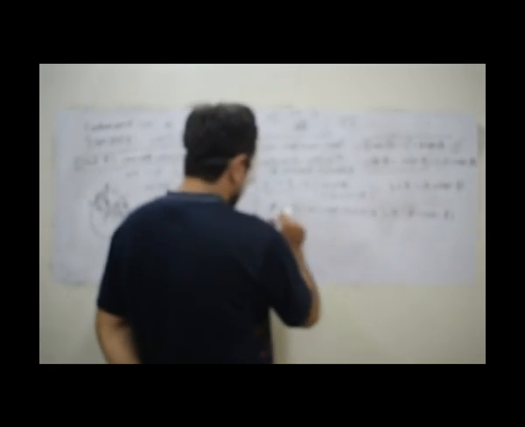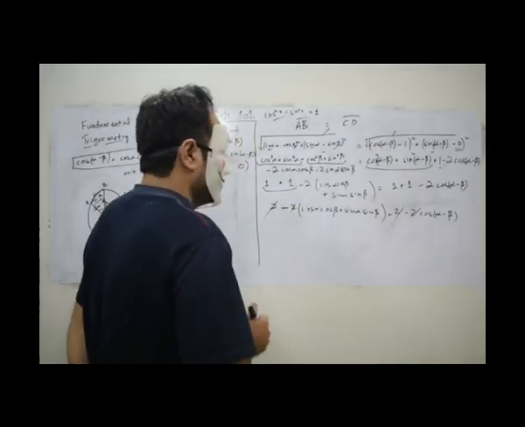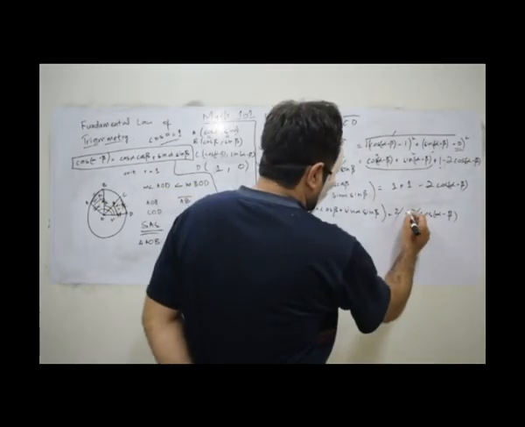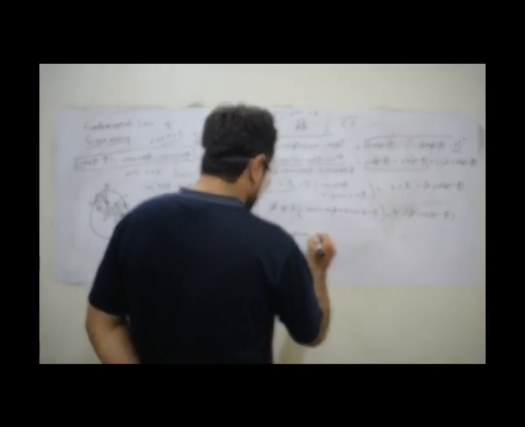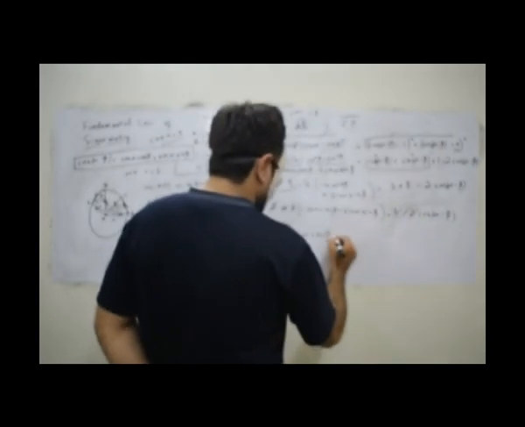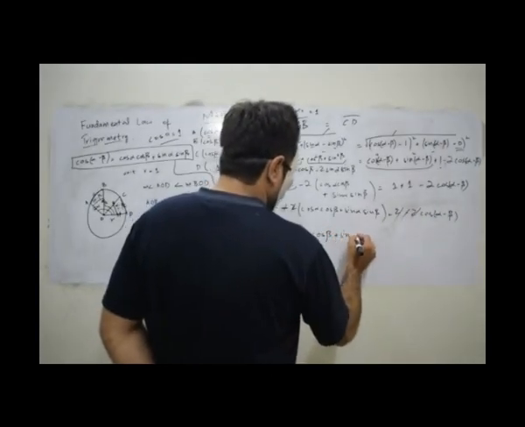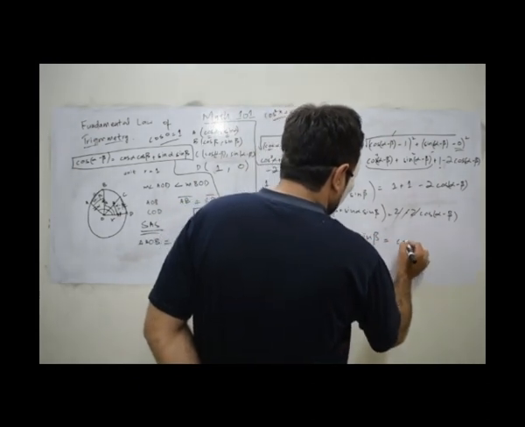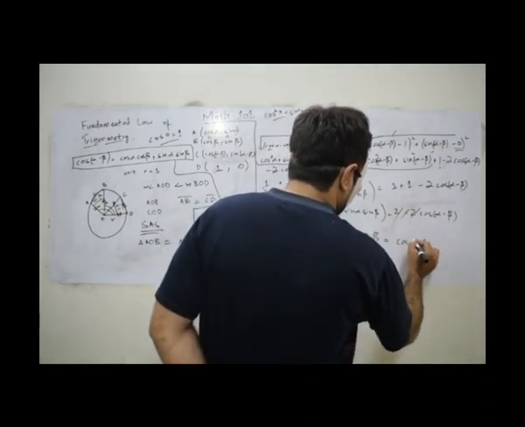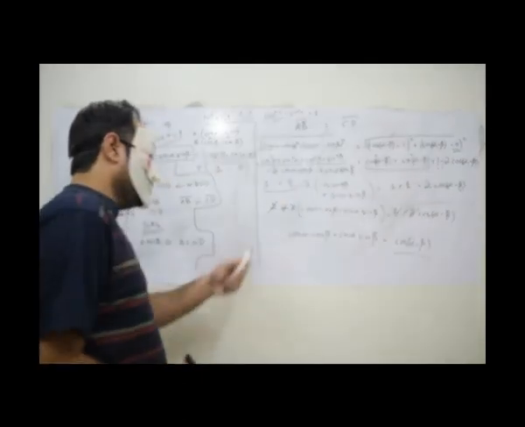This should be negative there. Okay, and this negative sign will also be cancelled out. So what remains? Cos alpha cos beta plus sine alpha sine beta is equal to cos of alpha minus beta. This is the fundamental law of trigonometry.